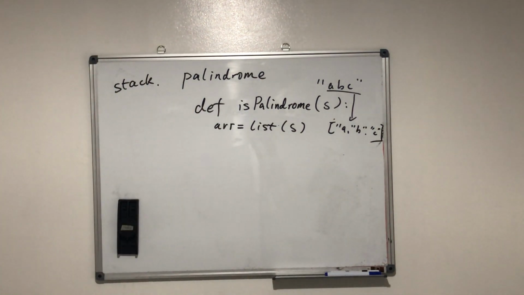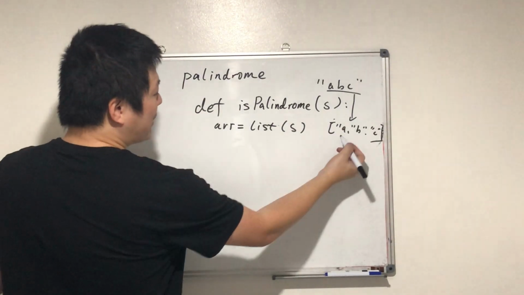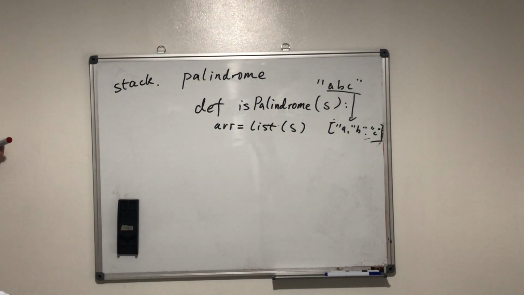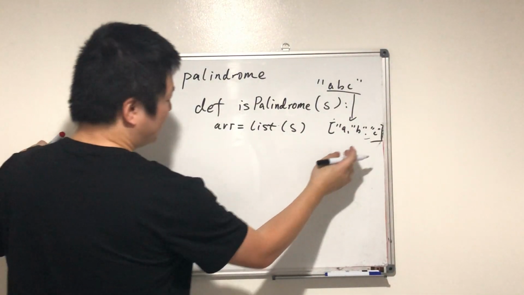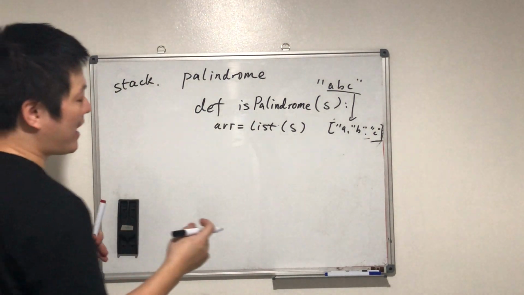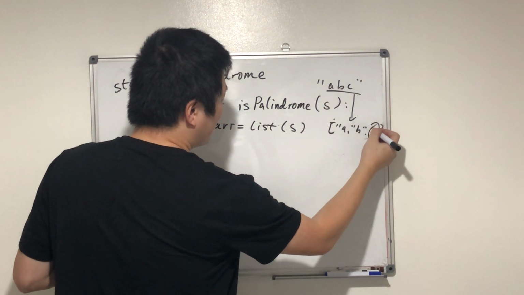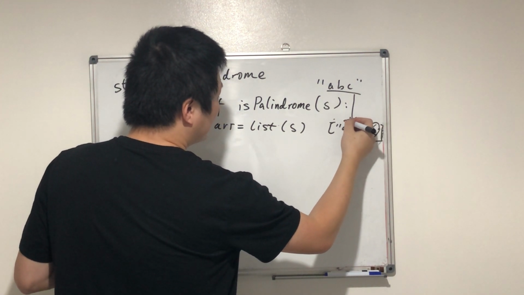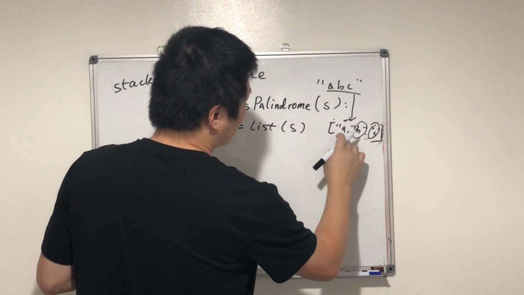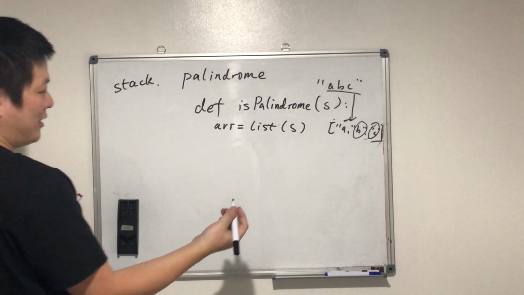Okay, so now we've got a list. So what do we do? How do we check it? We want to check if it's backwards, right? If its backwards version is the same as this.